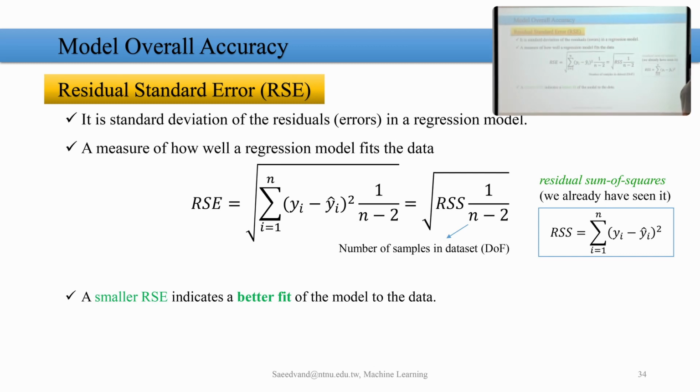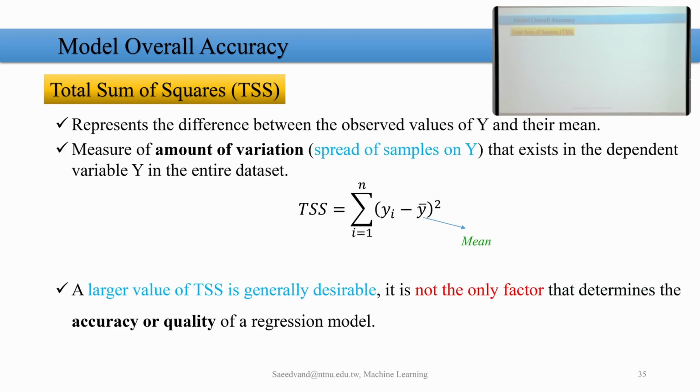Whatever I do, the error will be there. But if I want to compare this model with another model, here the error is too big, because look at the errors over here. But this one will be smaller, the green one. So that's why smaller is better for RSE. So that was the second metric in addition to MSE.